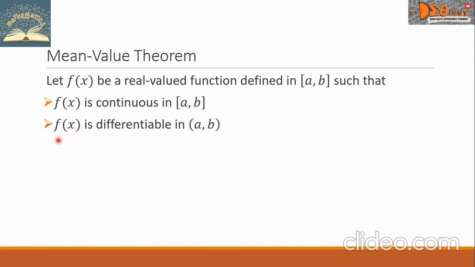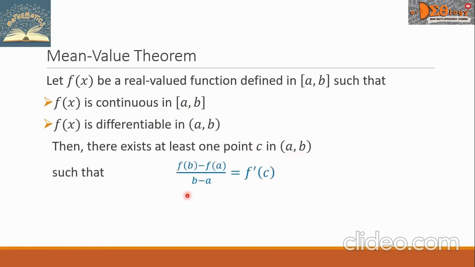Second condition, f of x is differentiable in the open interval from a to b. Then, there exists at least one point c in the open interval a b, such that we have this equation: f of b minus f of a all over b minus a equals f prime of c.